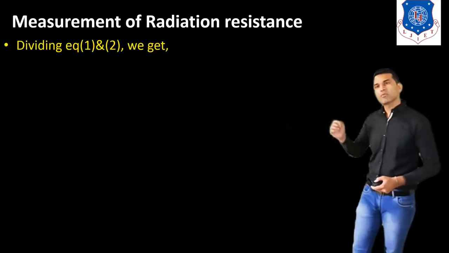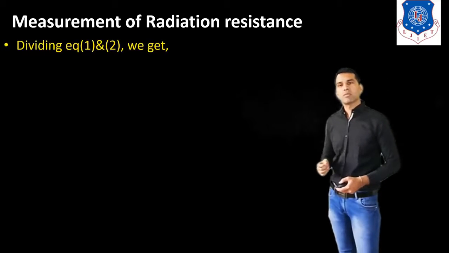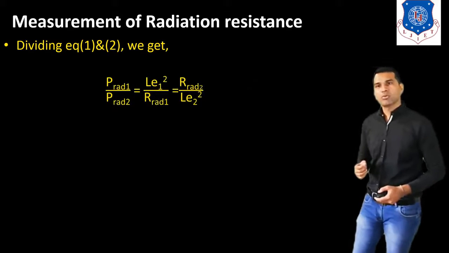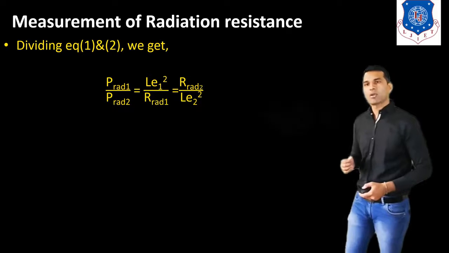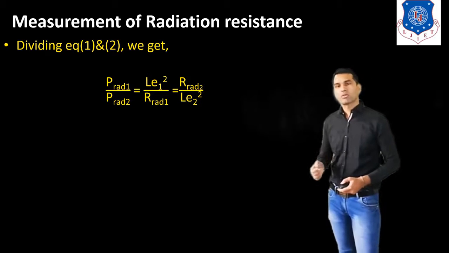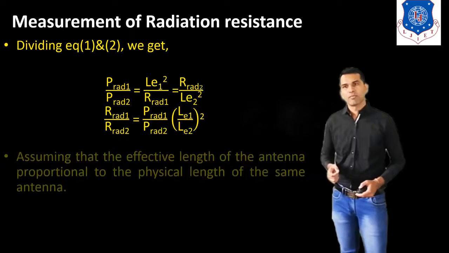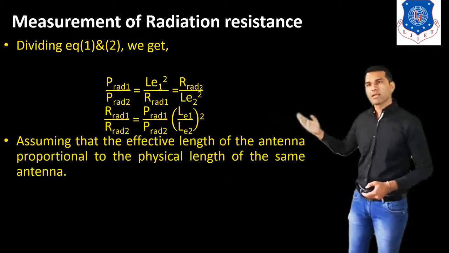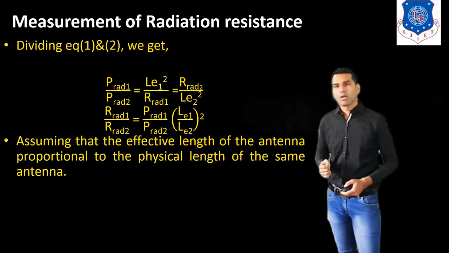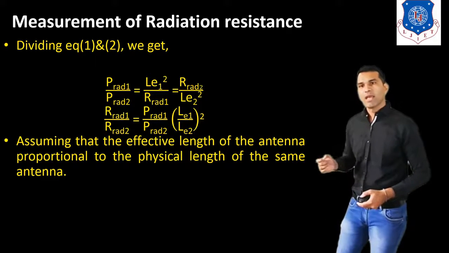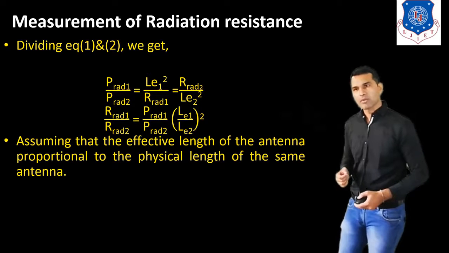Now we divide equation number 1 by equation number 2. So we get P radiate 1 upon P radiate 2 equals LE1 squared upon R radiate 1, times R radiate 2 upon LE2 squared. So simply we get R radiate 1 upon R radiate 2 equals P radiate 1 upon P radiate 2 times (LE1 upon LE2) squared.